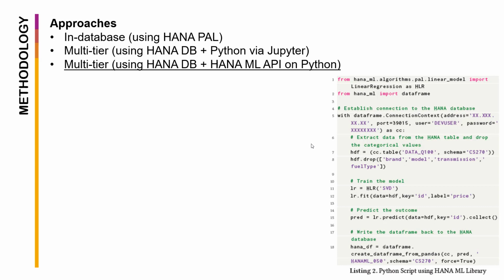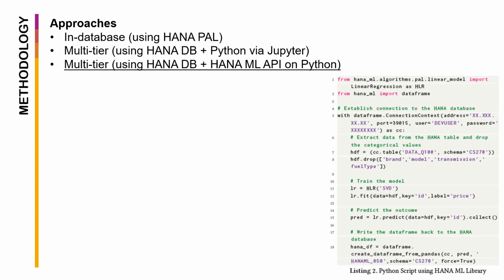Okay, so we conducted the same approach. We established a connection to the HANA database, and we are calling the HANA table, and even the training of the model, the prediction of the model, and creation of the table all happen still within the database.